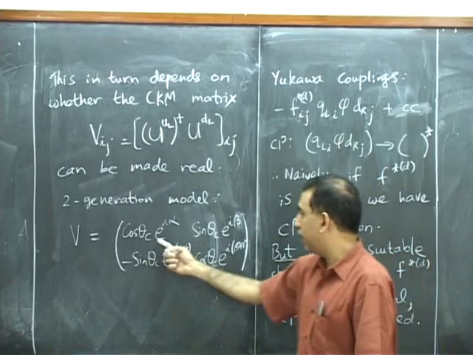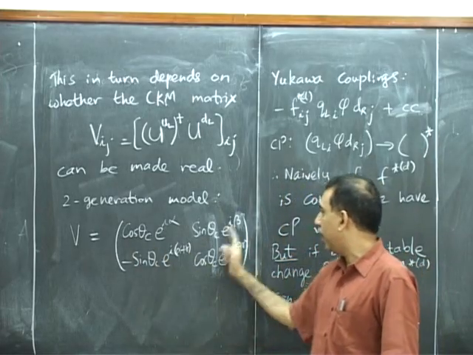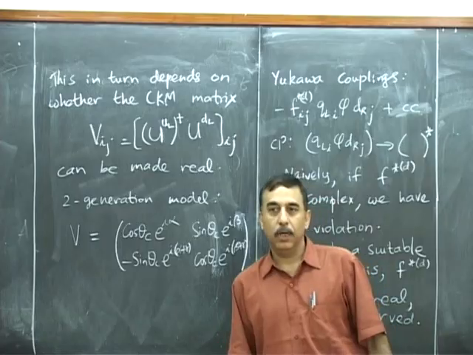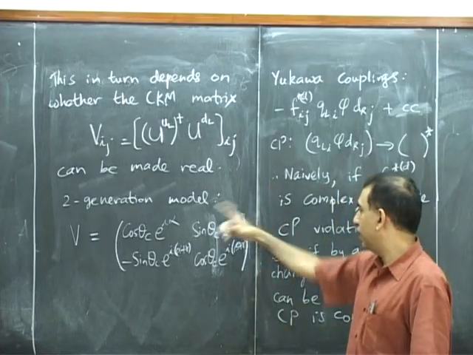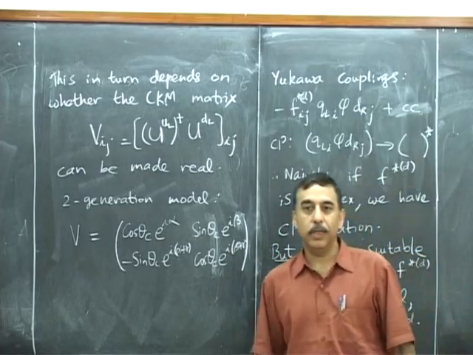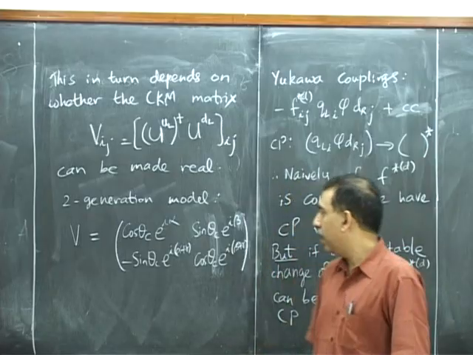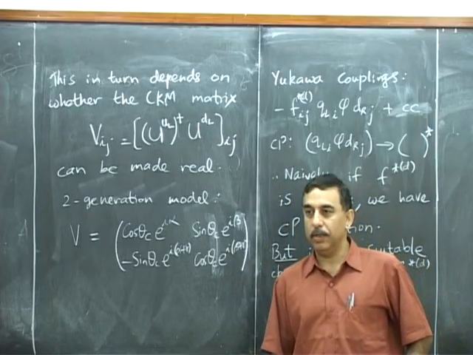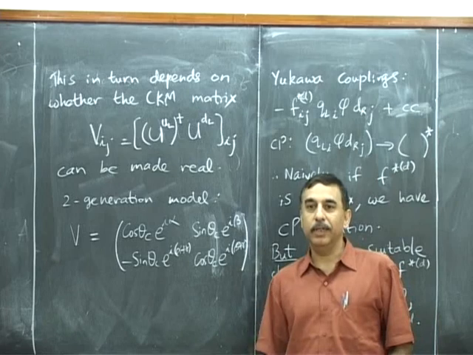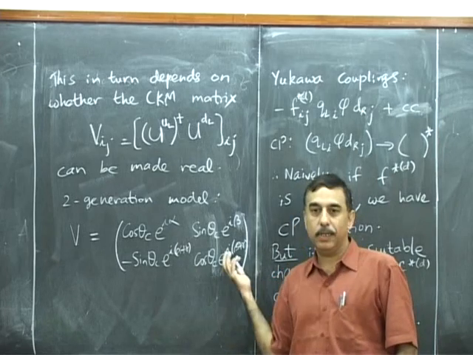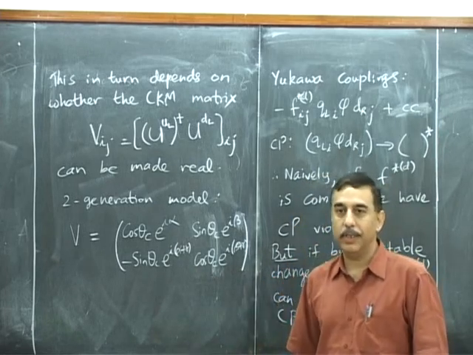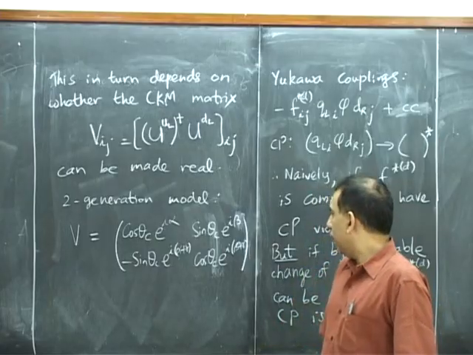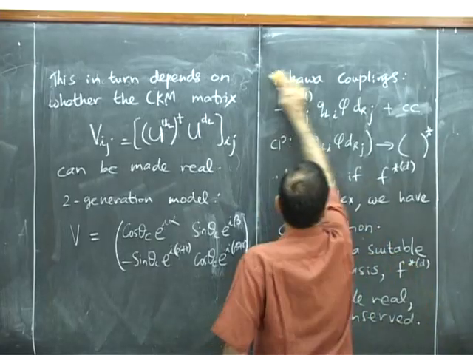So we parameterize it in terms of 4 angles, theta c and alpha, beta, gamma. And what you need to check is that this is the most general 2x2 unitary matrix. Hardly anything to check because the unitary matrix n by n has n squared real independent components, and this matrix has n squared real independent components. So basically you are done. So this is one way to parameterize it.